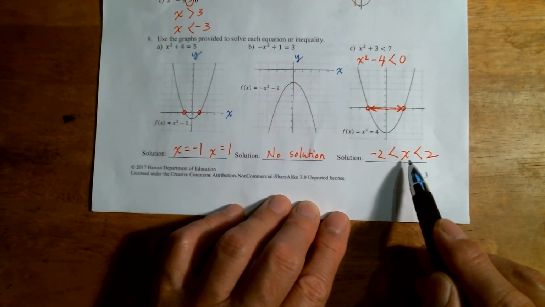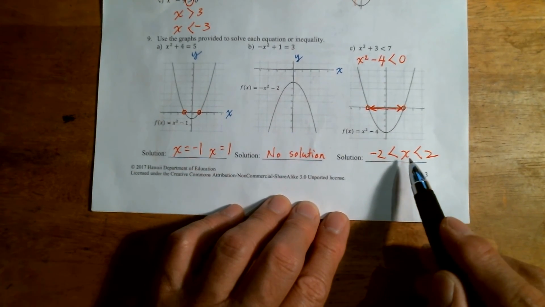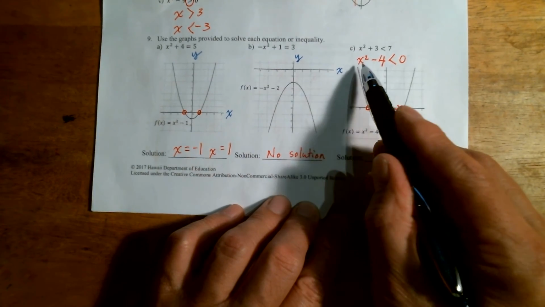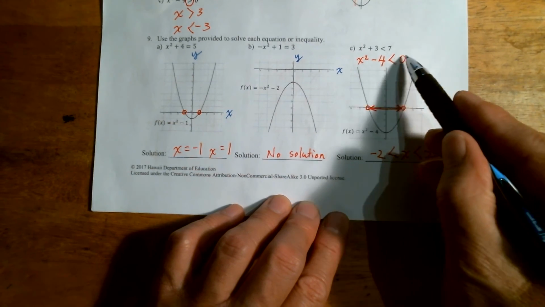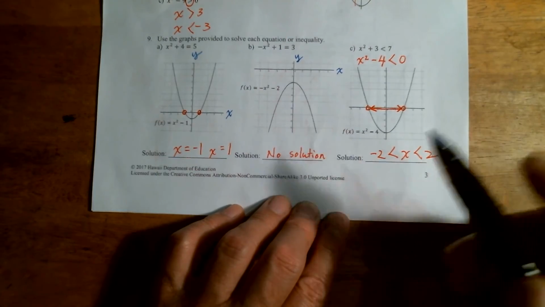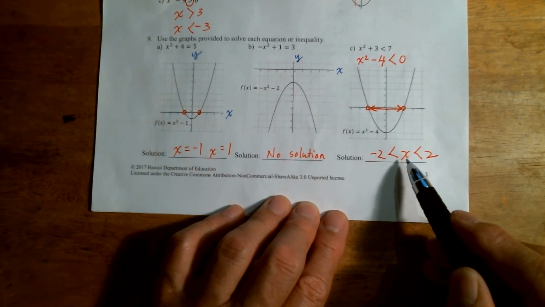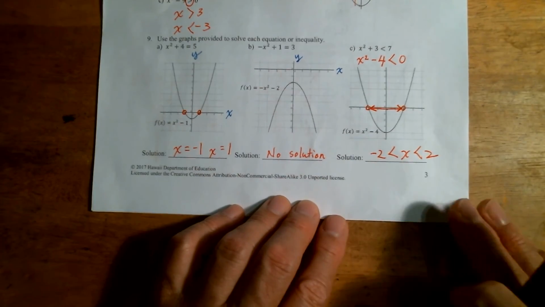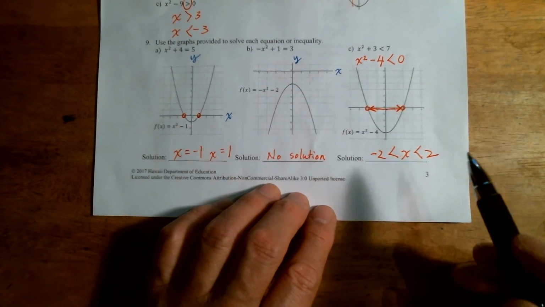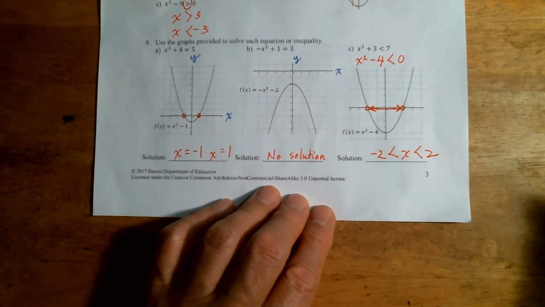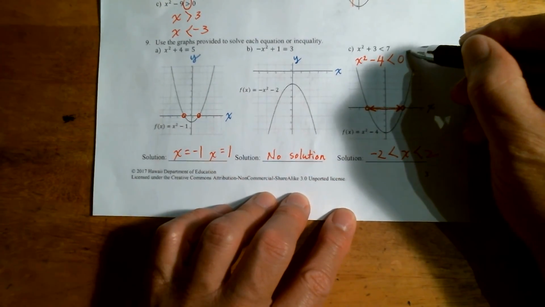So if this was 0, substitute back into the equation. If that was 0, 0 minus 4 is minus 4. It is less than 0. So I think we understand that this is a solution to the function. So the values between negative 2 and 2 are the values on the x-axis that will fulfill this function right here.